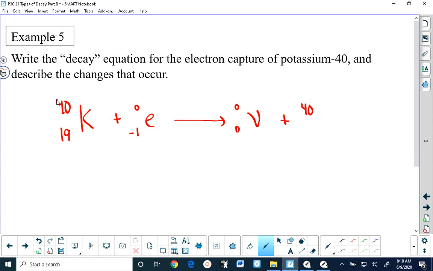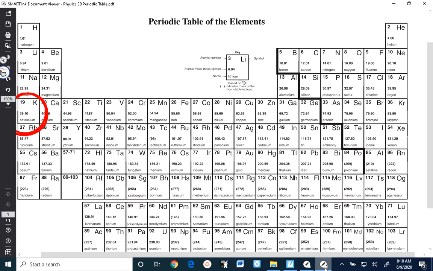When we look at the charge, which is the bottom number, remember that the bottom number represents charge, not necessarily protons. When we add 19 and negative 1, we get 18, and that means we need a total of 18 on the other side. We have 0, so we still need another 18. Now we're going to go back to our periodic table and look up atomic number 18.